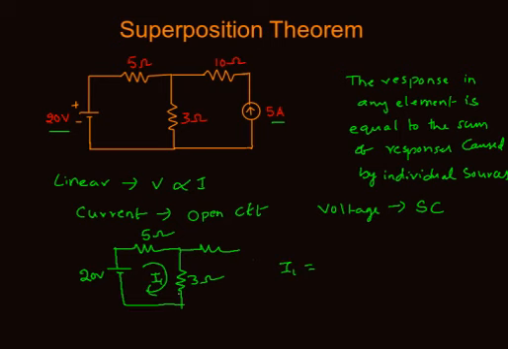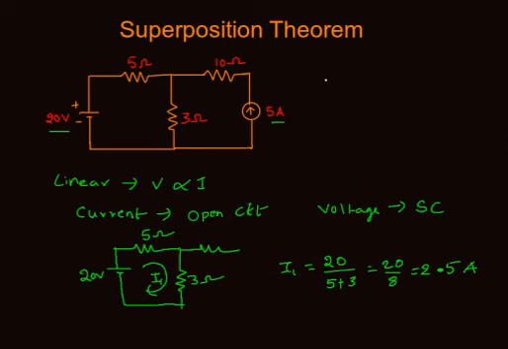Since it is a series circuit, I1 is equal to 20 volts divided by 5 plus 3, that is 20 by 8, which is around 2.5 amperes. So now we will find out with the other element.